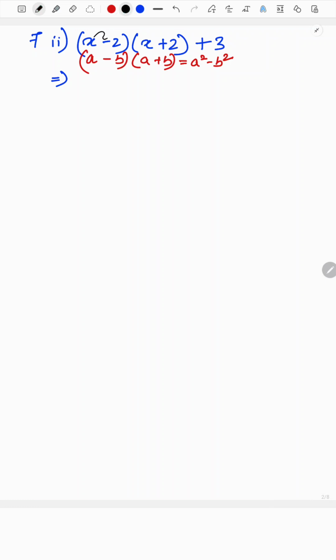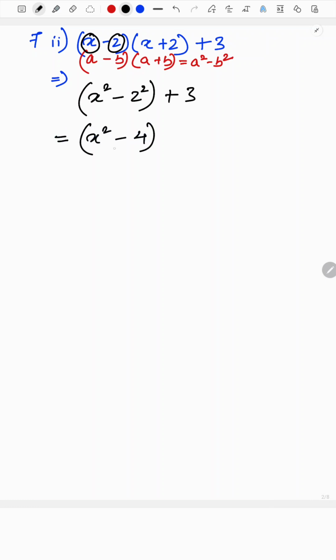So here you see that x is a, 2 is b, so I can write x square minus b square plus 3. So that will give me x square minus 4 plus 3.